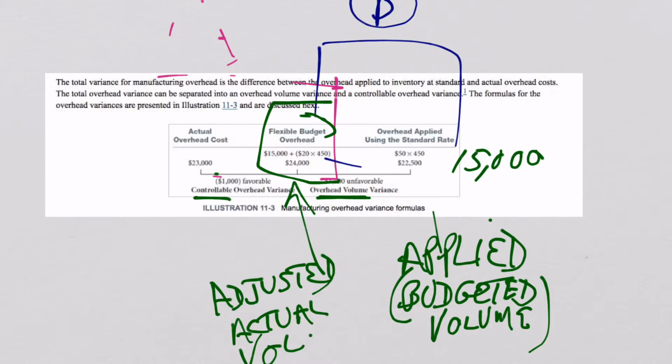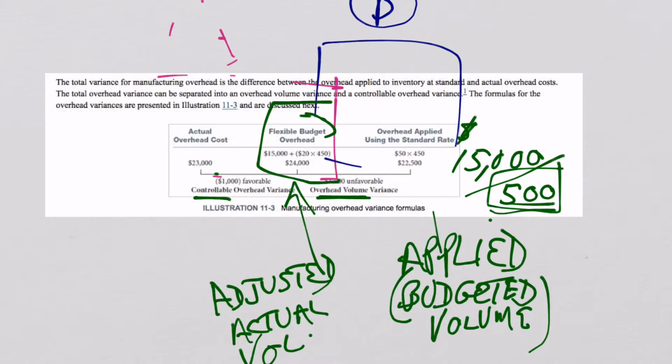And then based on that rate, and we'll see this in a minute, $15,000 for 500 units expected, the amount that gets applied each time a unit is produced is based on this original volume amount. If the volume changes, then we really should have applied a different number, because we're always applying into the books and records based on the original overhead rate.